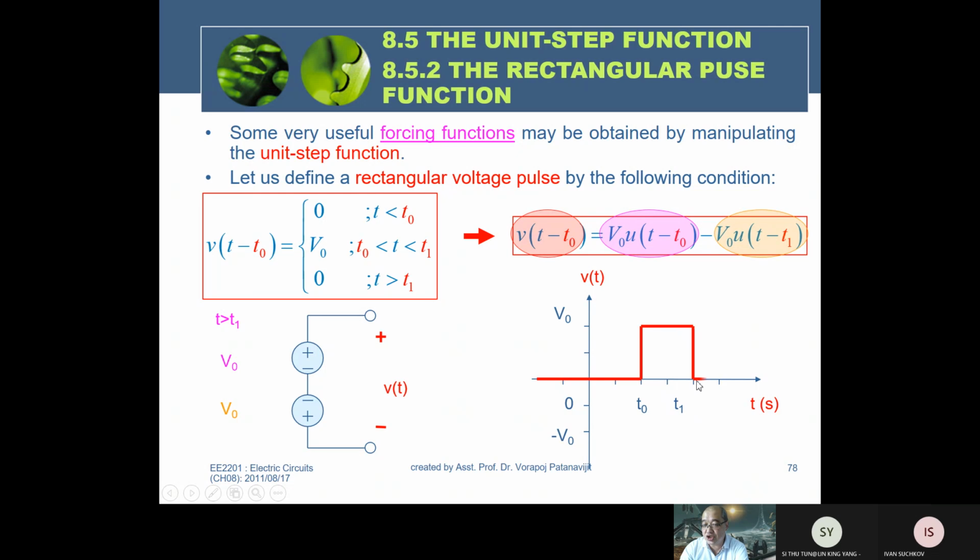This is the shape of the output result, the rectangle. In this example, we show that if you have a rectangle, you can write it with simple unit step functions. Therefore, the unit step function is a very powerful mathematical function with which we can express complex functions.